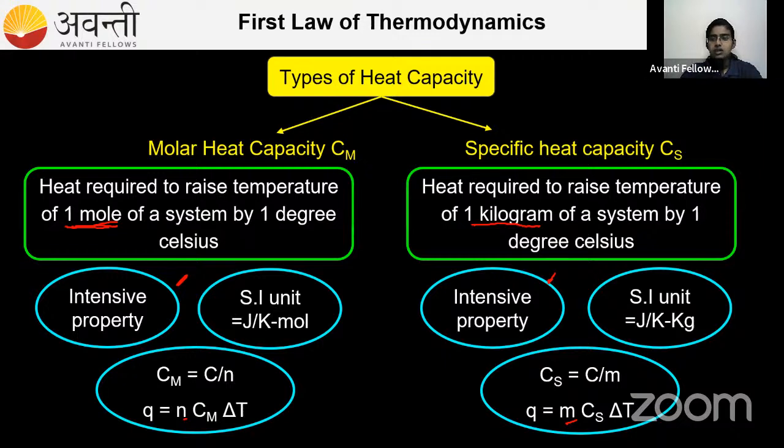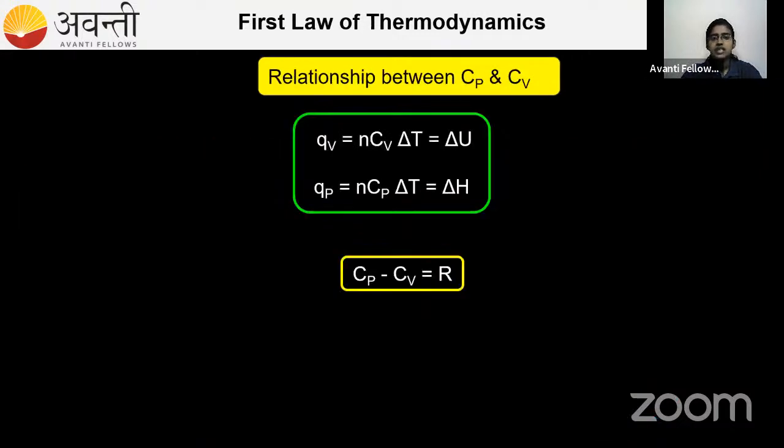Now, the relationship between Cp and Cv. The relationship is Cp minus Cv is equal to R for 1 mole of an ideal gas. Got it?